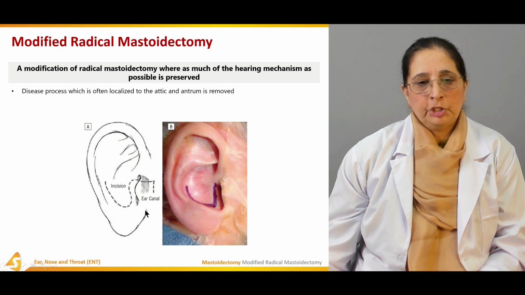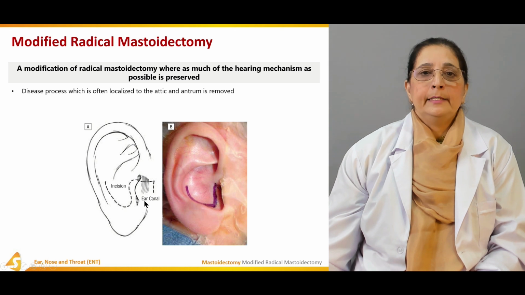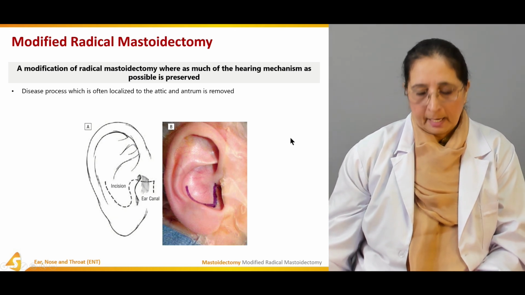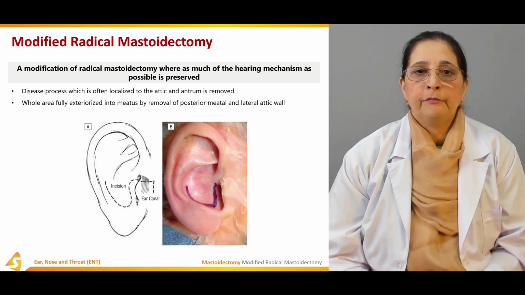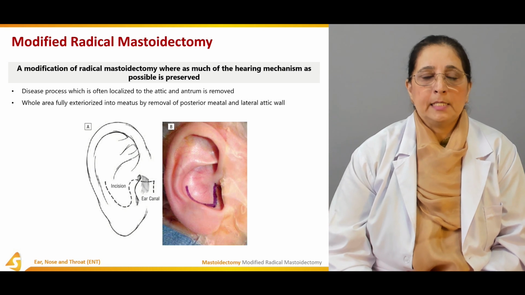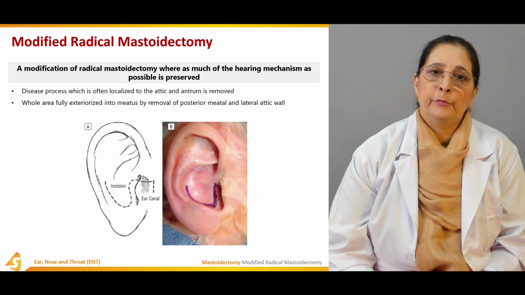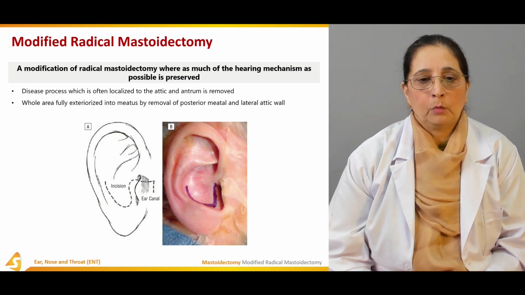This is the incision, this is the ear canal, and that's the incision used for the modified radical mastoidectomy. The whole area is fully exteriorized into the meatus by removal of the posterior meatal and lateral attic wall.